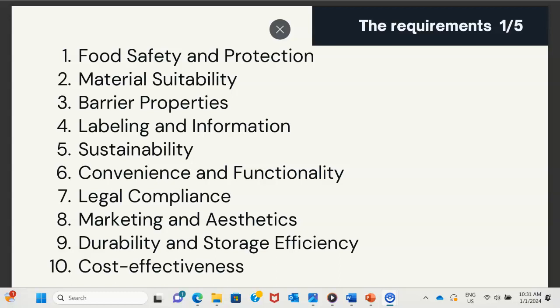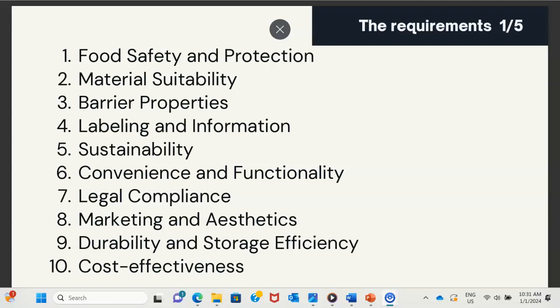This packaging should be designed for the ease of use, including aspects like resealability, portability, and ease of opening. For certain products, this may also include microwavable or oven safe property. So I think the convenience and the functionality has become one of the main criteria or requirement by the consumer, which we have to think through more.